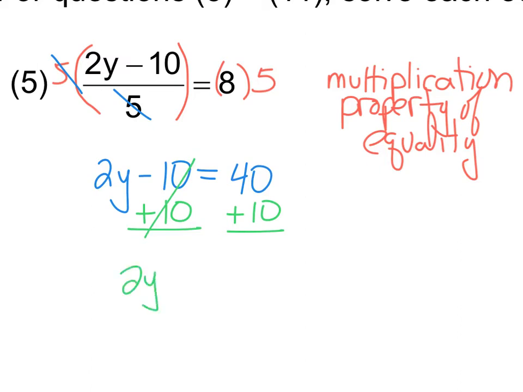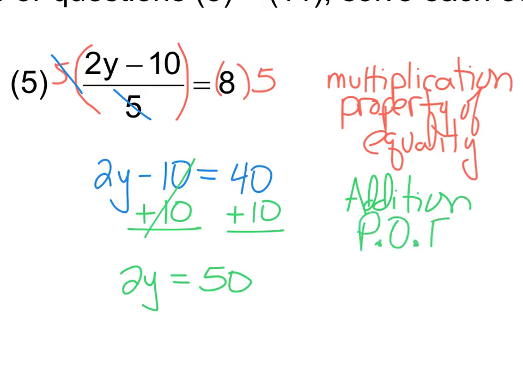We're looking at 2y equals 50. Now, what property did I use? What property of equality? Just what you did, followed by the words property of equality. So what did we just do? We added, yeah. Addition property of equality.